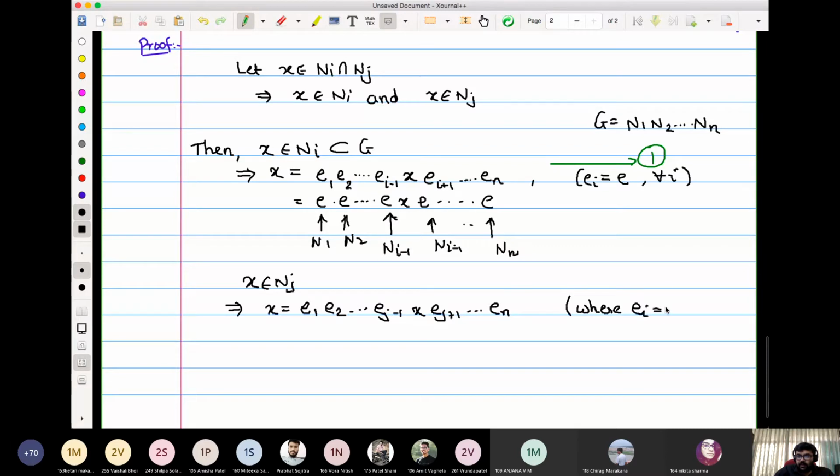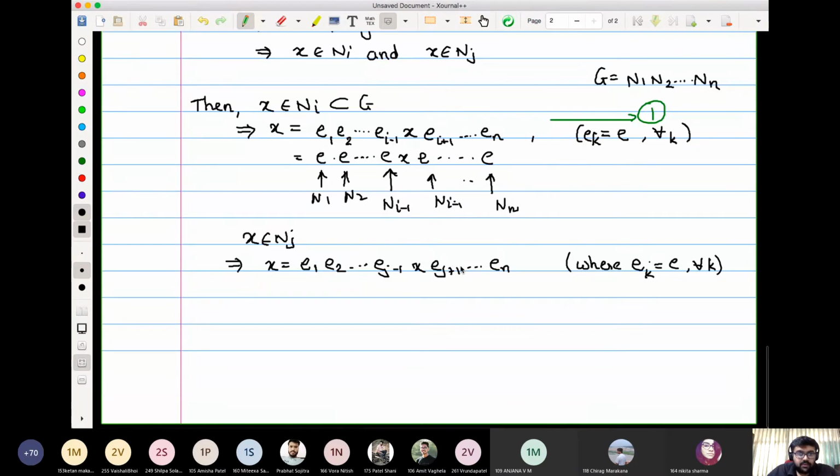Ei is again E only, the identity. Since j is not fixed, let me write: Ek equals E for all k. Here also Ek equals E for all k.